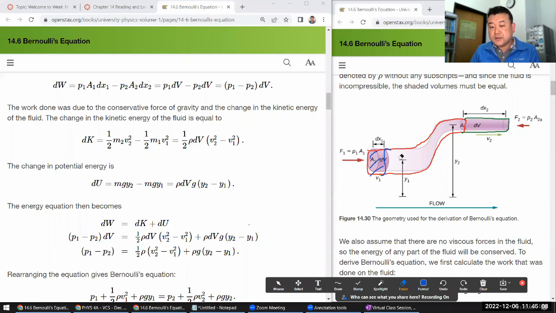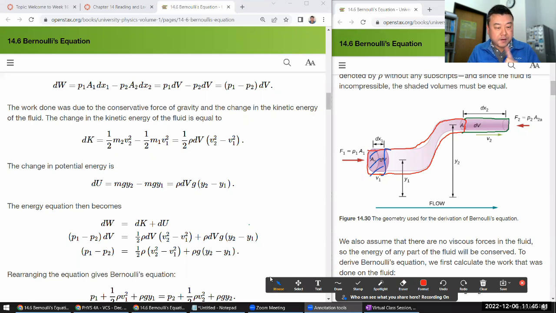Subtract that since that's in the common shared part, m g y1, and express mass in terms of rho dV. g is the same constant, and I guess if they were being consistent, this should have been m2 and m1, but it's fine. It's the same quantity anyway. It doesn't matter here. Okay, so these two equations, I'm fine with.